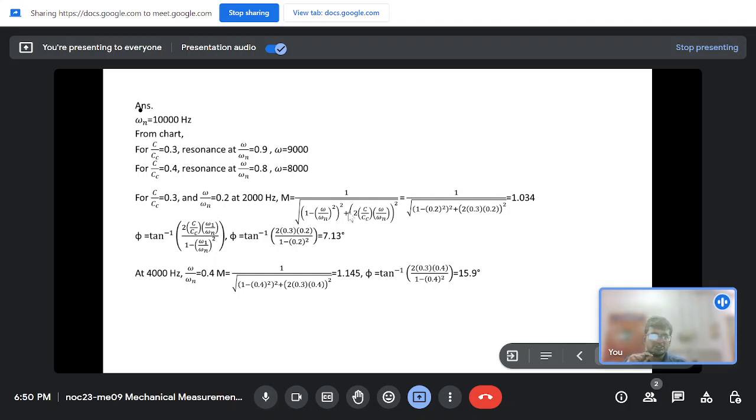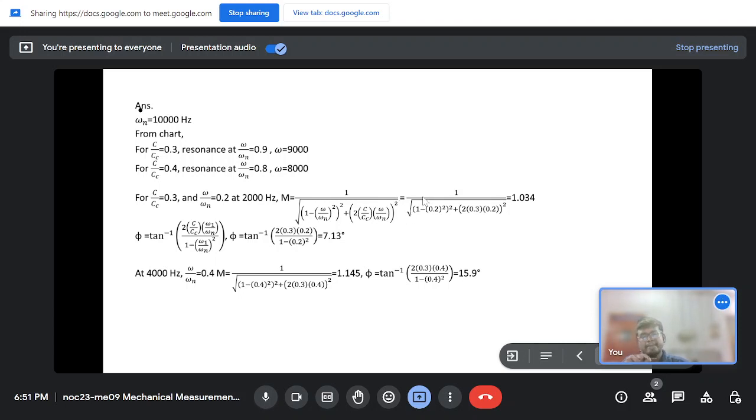For a second order system, we know the magnitude ratio or amplitude ratio expression. We substitute the values in this expression: 1 by root of [1 minus (omega by omega n) the whole square, squared, plus (2 times damping ratio into frequency ratio) the whole square].